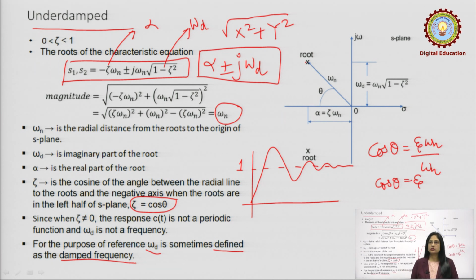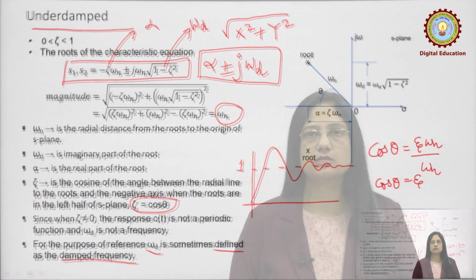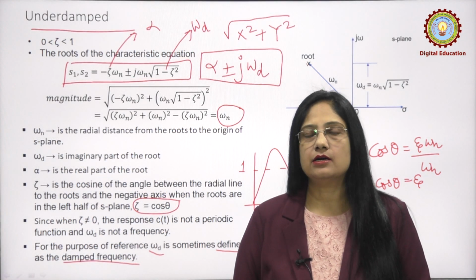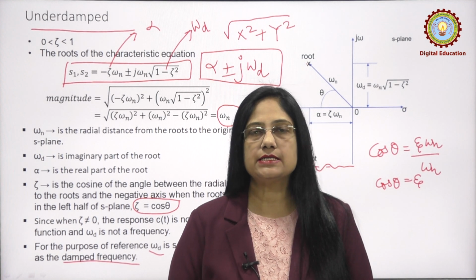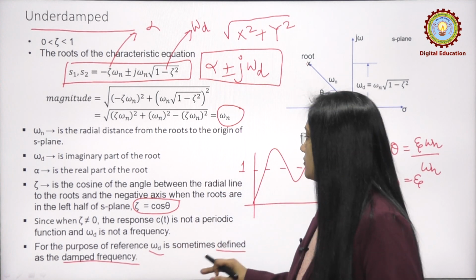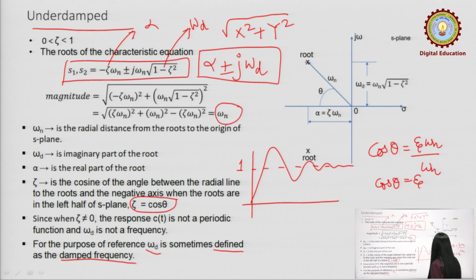The oscillations are not sustained, they damp out after a certain period of time, and therefore omega d is also referred to as the frequency of the damped oscillations. These oscillations damp out while reaching the steady state value.